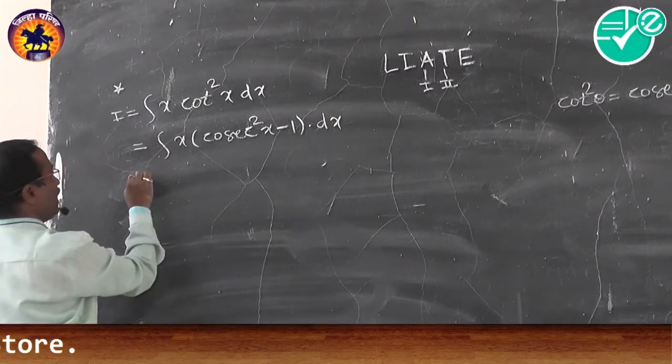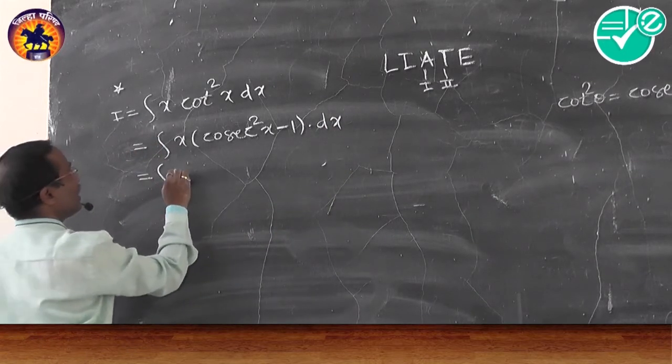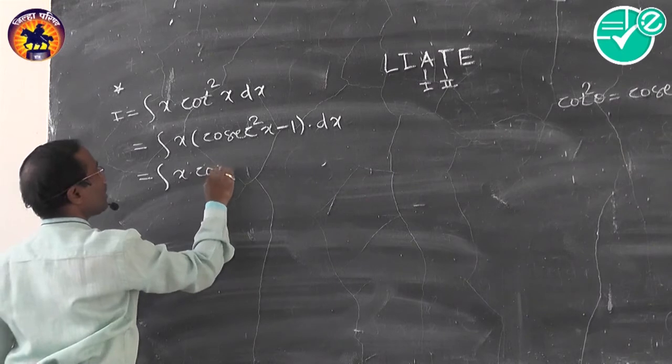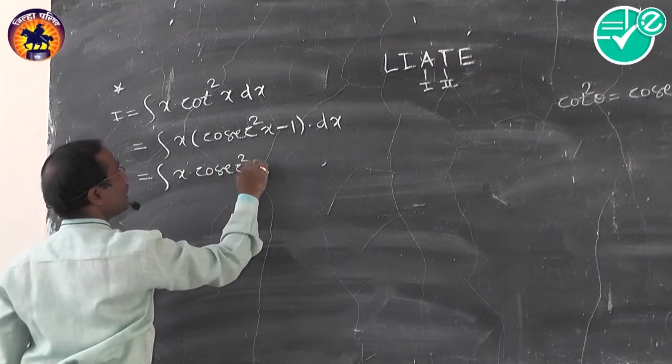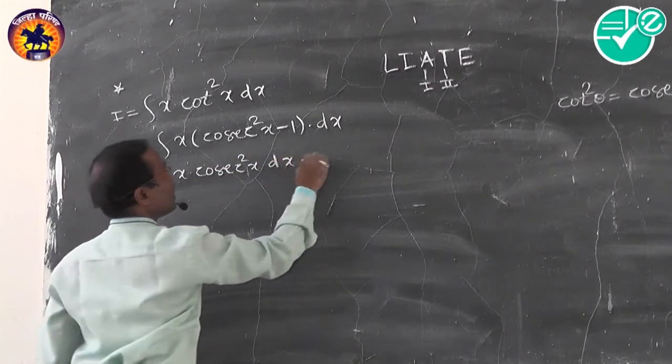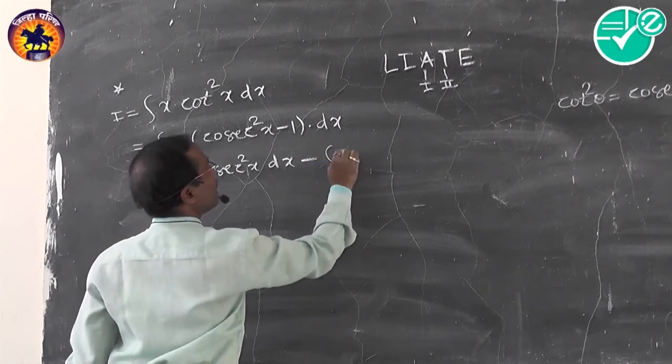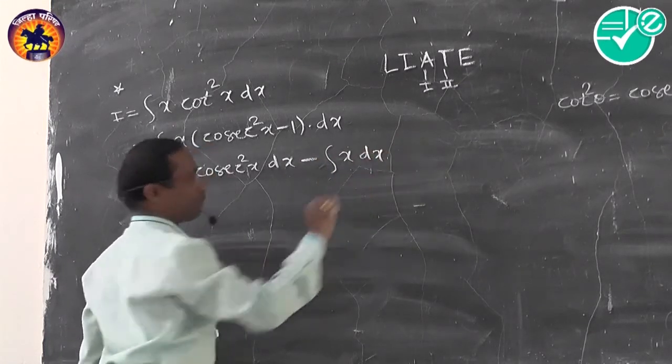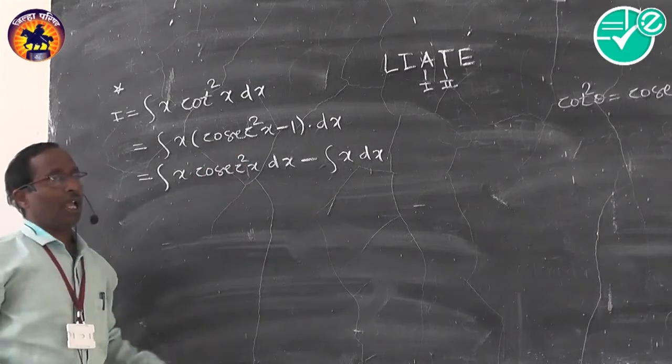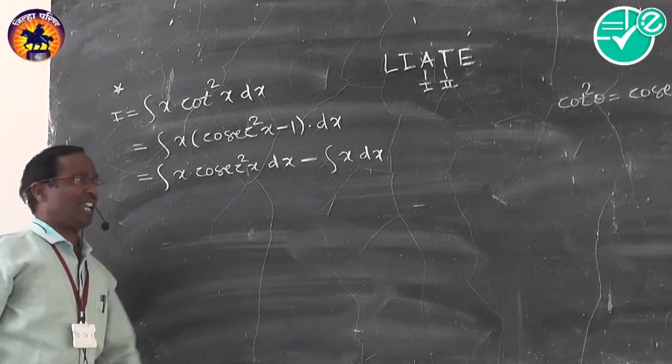So this can be written as integral of x into cosec square x dx minus integral of x into dx. Multiply by x and write down the separate integrations.